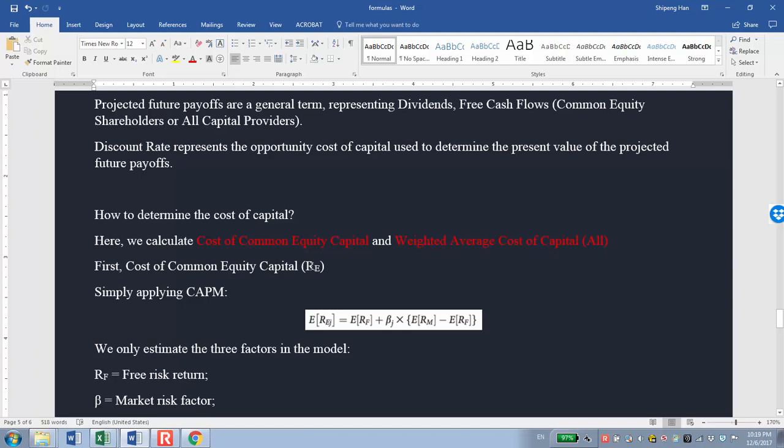For this discount rate, we can apply the capital assets pricing model.